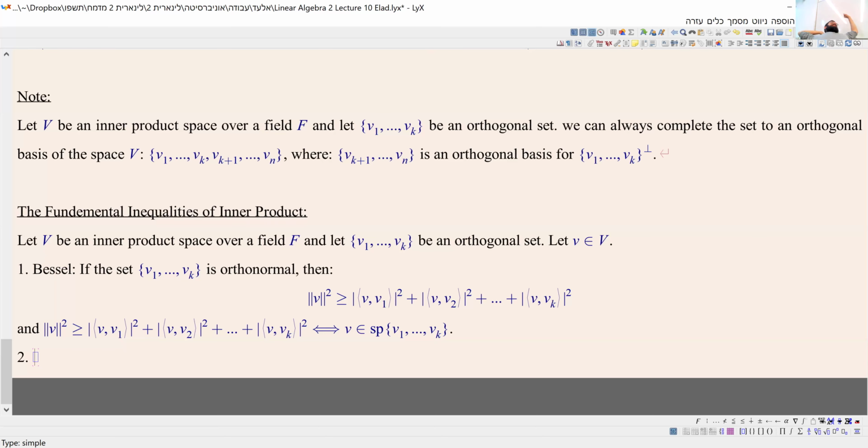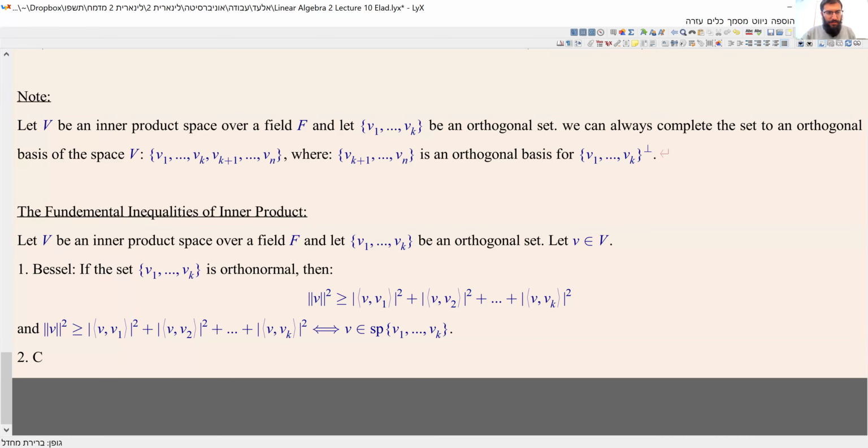I always say that every theorem is Cauchy for us, but this specific one is called Cauchy. But how do you write his name? I think it's that Cauchy. Schwarz. May the Schwarz be with you. Schwarz with Z. I think it's with Z. Cauchy-Schwarz.